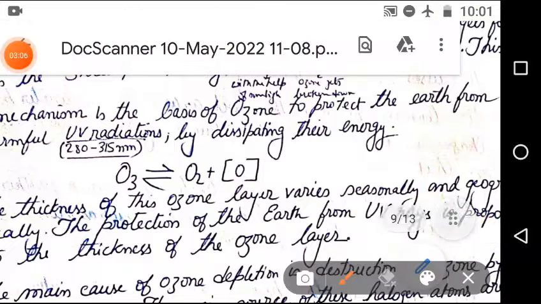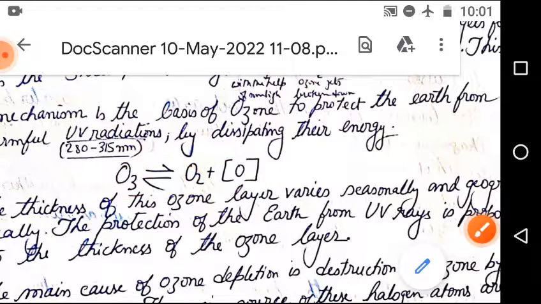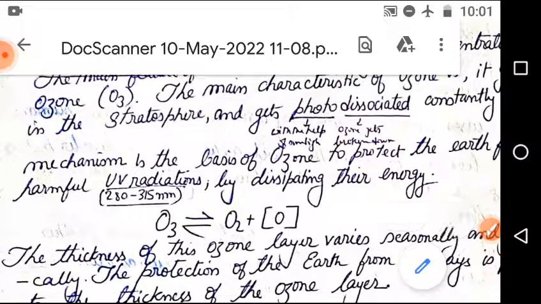You can see O3, ozone, with the help of UV light, is going to be split to form nascent oxygen and oxygen gas. The same oxygen gas will again be reunited with atomic oxygen to form ozone. So the rate of dissociation and the rate of formation of ozone are equally maintained in the ozone layer.